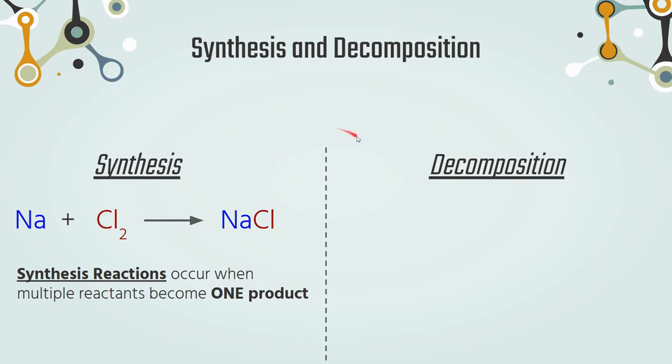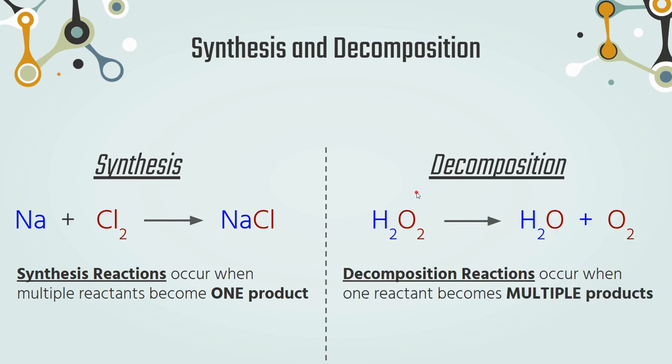A decomposition reaction is the opposite. That is when one reactant becomes multiple products. So in this case, we have H2O2, one reactant, becoming H2O and O2, multiple products.